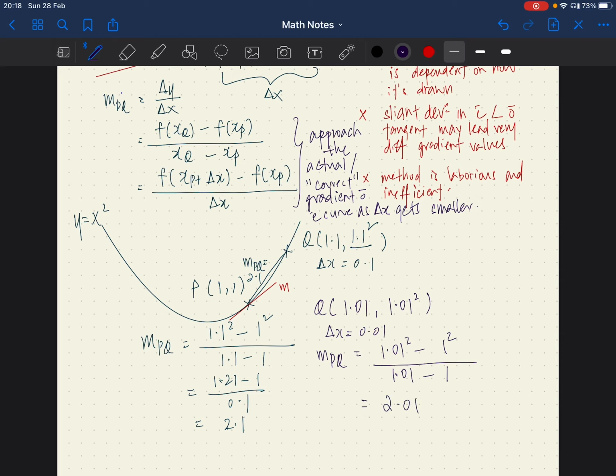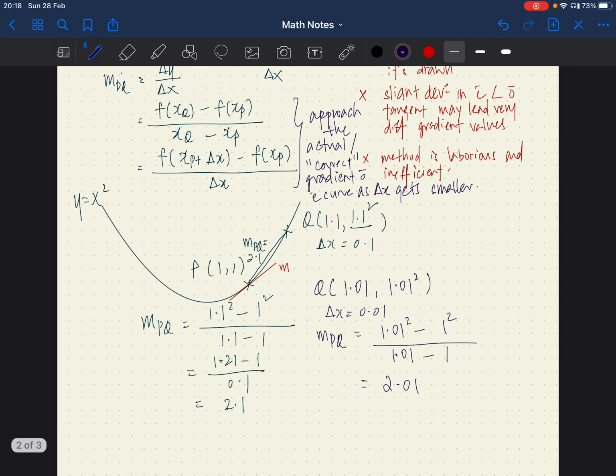And in fact, the choice of delta x being 0.01 is arbitrary. You can actually choose it to be even smaller if you want. Okay, if we now choose delta x to be 0.001, you may want to go and repeat the calculation and check that you understand what I have been trying to say thus far. You will get 2.0001.